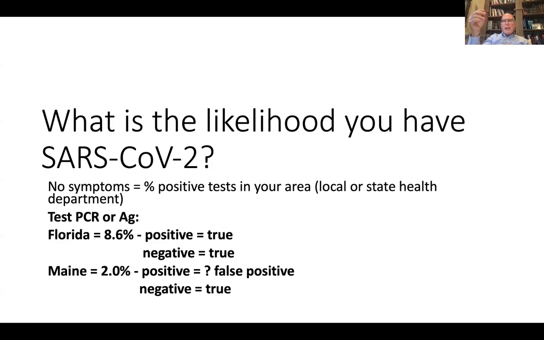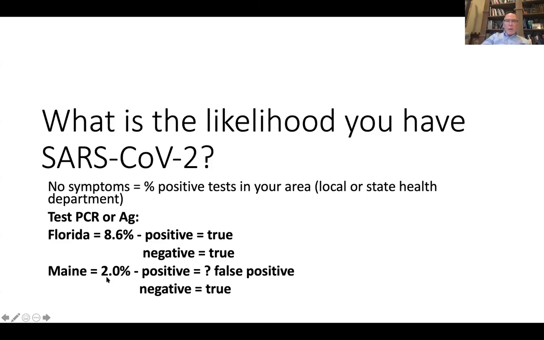That means the pretest probability of you having the virus is 8 to 10%. Well, it turns out if that's the pretest probability, if you get a positive test, it's likely to be a true positive. And if you have a negative test, it's likely to be a true negative.